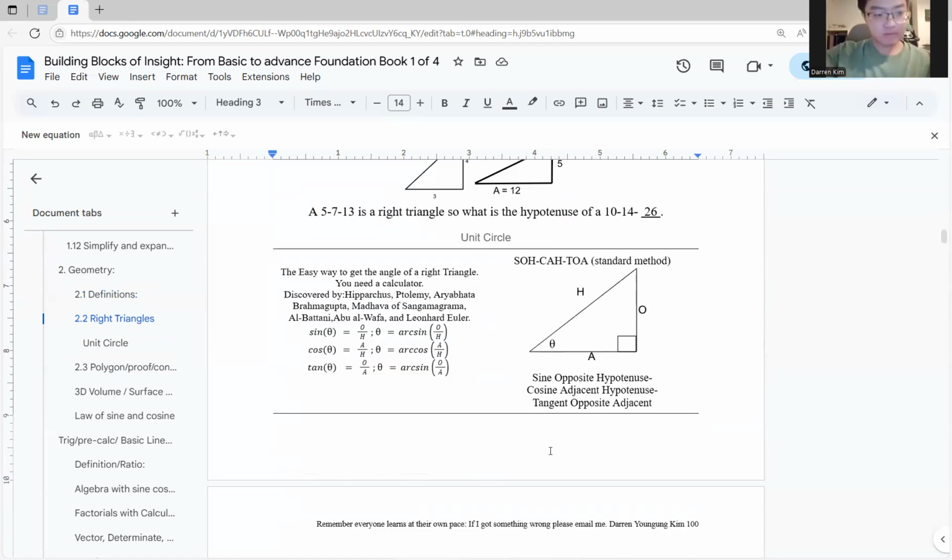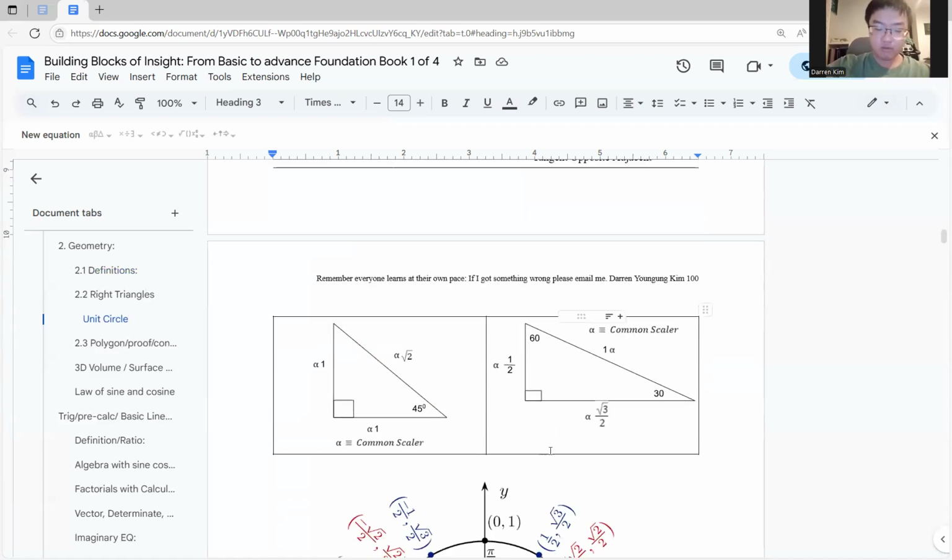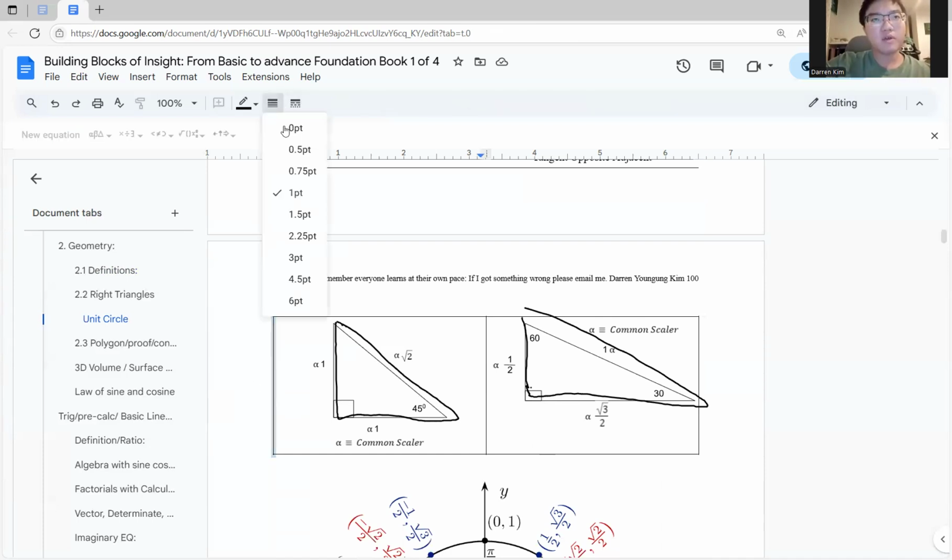Anyways, we're doing SOHCAHTOA next. We have right triangles here, and the first two right triangles are over here, and I realized over here I should have probably made this 30, 60, and 90.